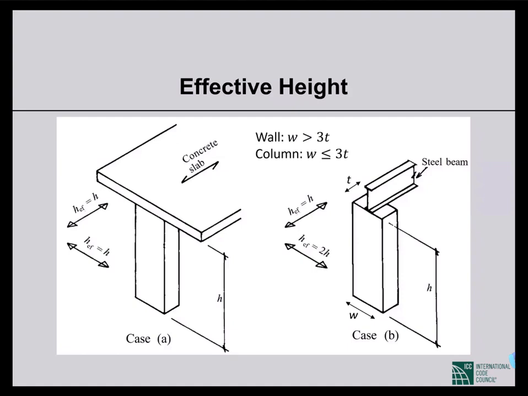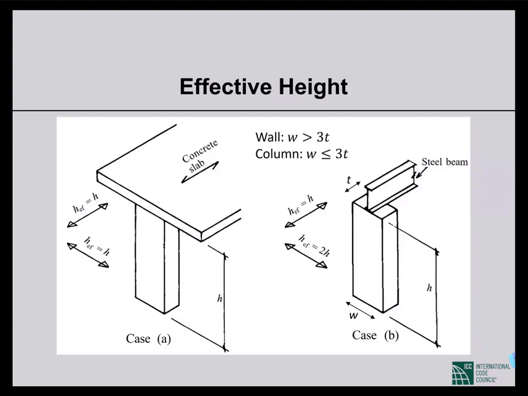But if, for example, you can see the figure on the right side, there is a steel beam on top of the column, and there may be a very light roof like truss or other light roof, which is not giving continuous support to the wall in the direction out of the plane of the wall.